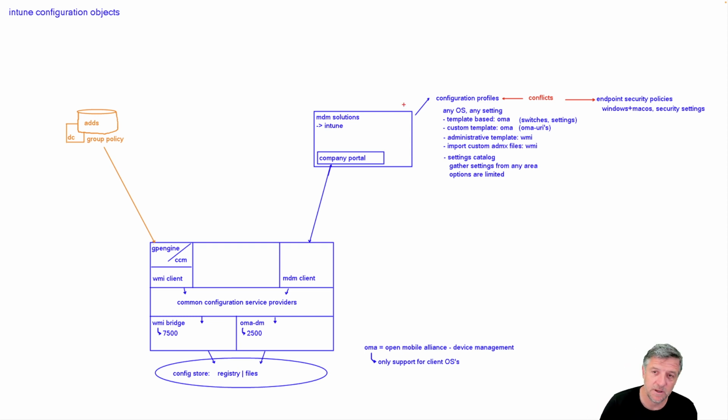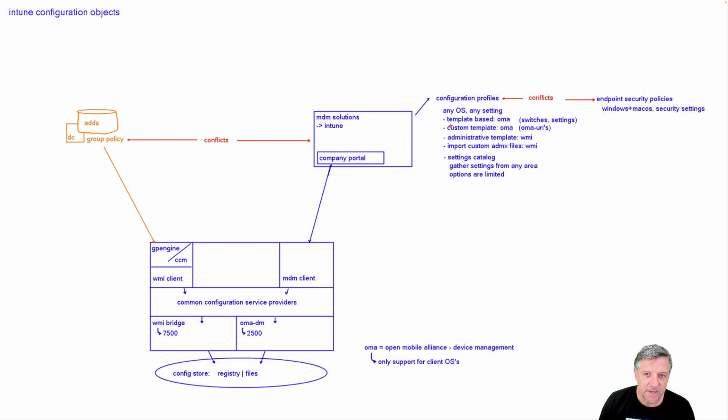Now, thinking about group policy and what we can do with Intune here, we also run into the possibility of creating conflicts. However, between group policy and Intune, we have a solution.